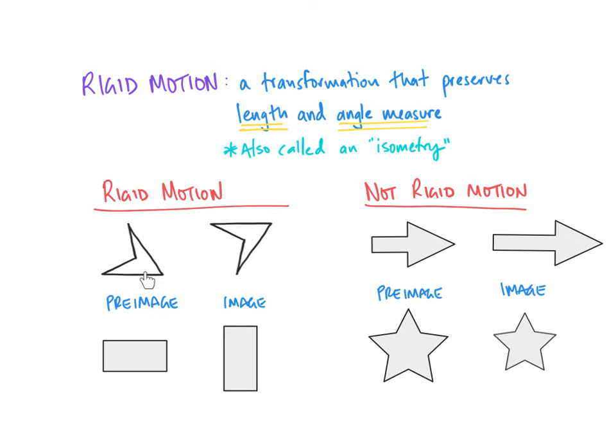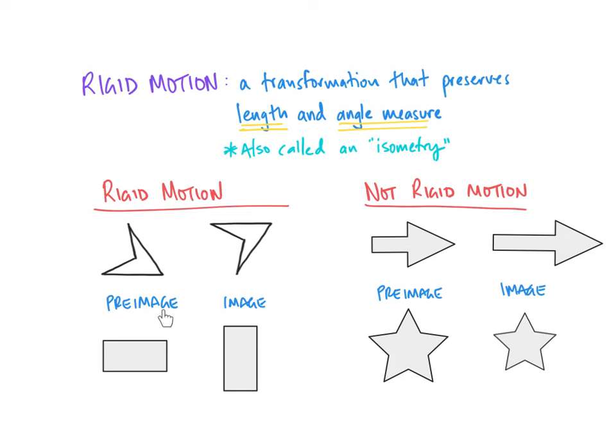So you can see here, I have this four-sided quadrilateral, this almost arrow-looking shape. All I did was take it from the preimage here, and I flipped it over, and I made it look like this. Here I have a rectangle that I took, and then I just rotated it around 90 degrees.